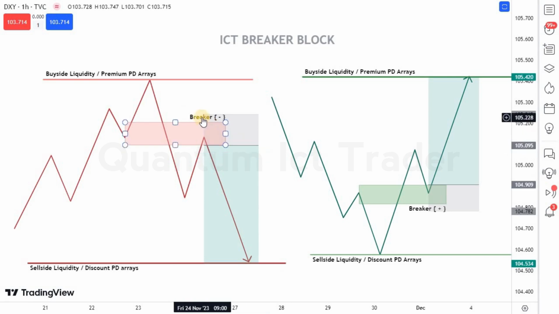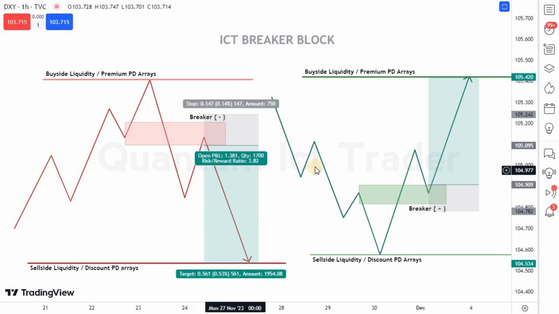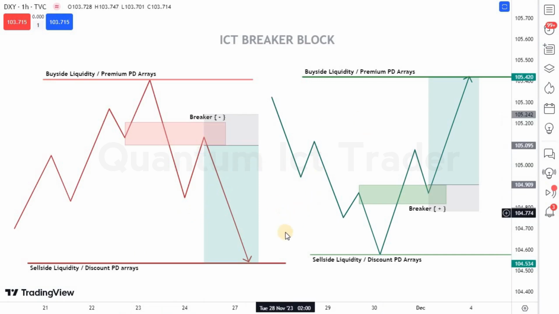You could put your stop loss above that down close candle's high and target some sell side liquidity or discount PDRs like this. And what is an ICT bullish breaker block?